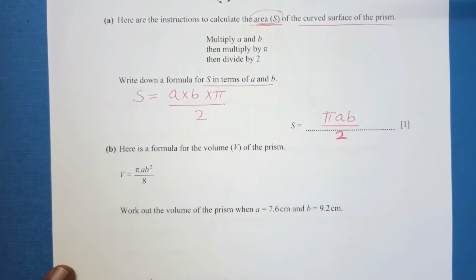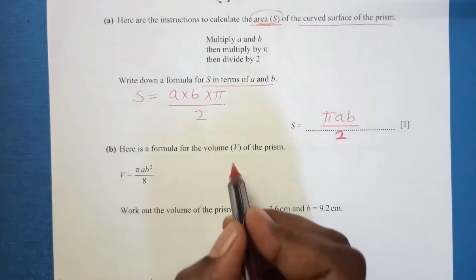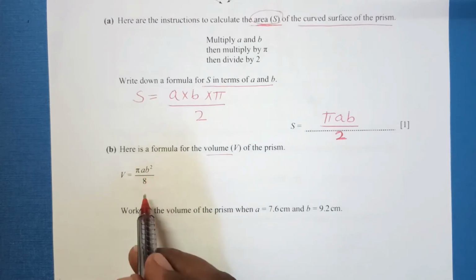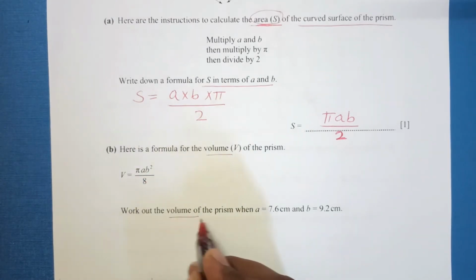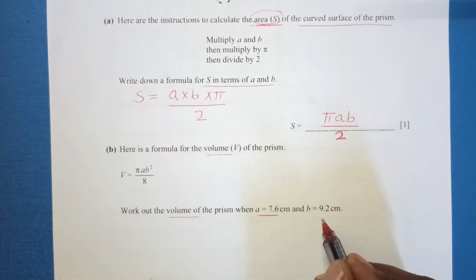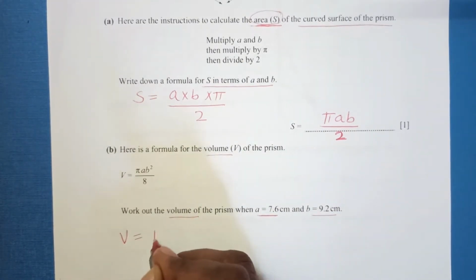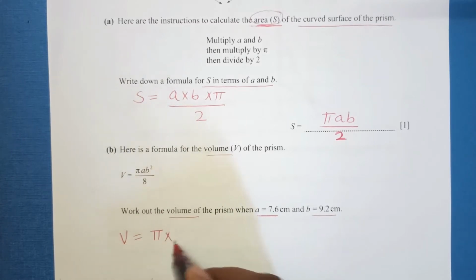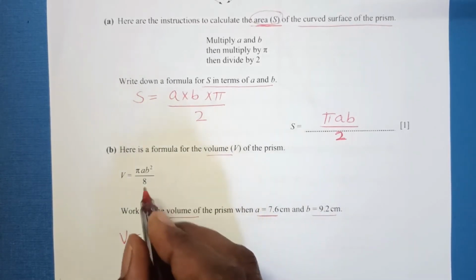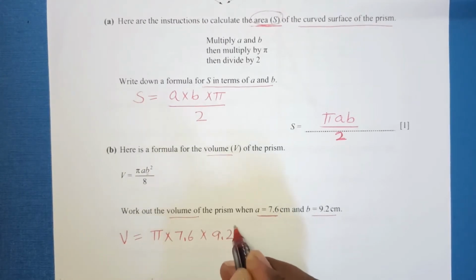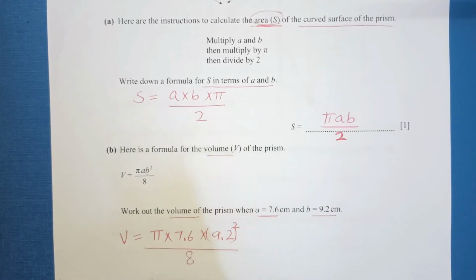Part B, here is a formula for the volume of the prism. Volume is pi a b squared over 8. Work out the volume of the prism when A is 7.6 and B is 9.2. So volume is pi times 7.6 times 9.2 squared, divided by 8.